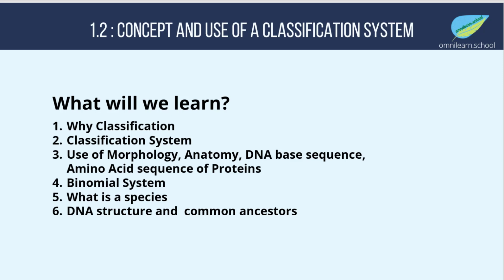Traditionally, the classification system used morphology to differentiate between the animals, but now it has moved on to use anatomy, and DNA-based sequence came along with amino acid sequence of proteins a little later, and today we use DNA-based sequence and amino acid sequence of proteins to classify organisms, but we are still using the same old classification system that was invented in 1700.